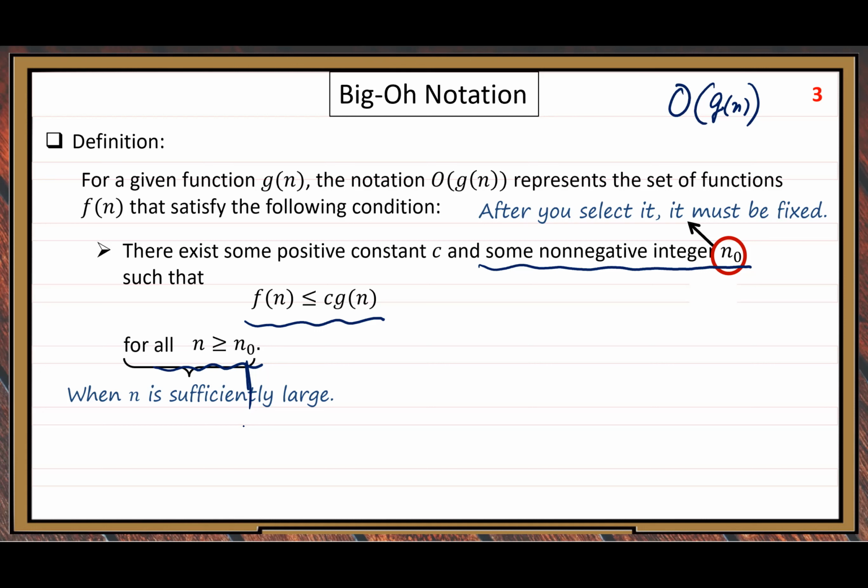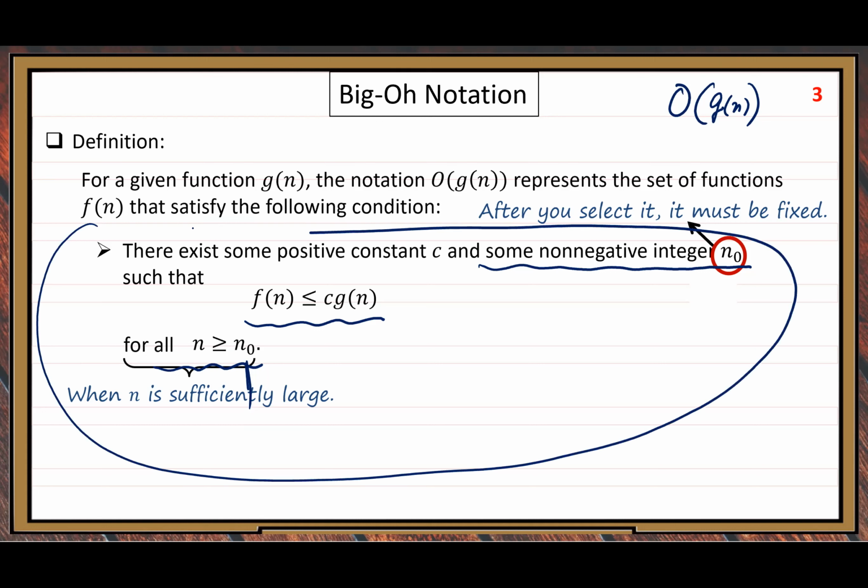You can see in this condition, when n is sufficiently large, you cannot see n0, right? So for this last condition, if I use n sufficiently large, I can bypass the n0 representation.